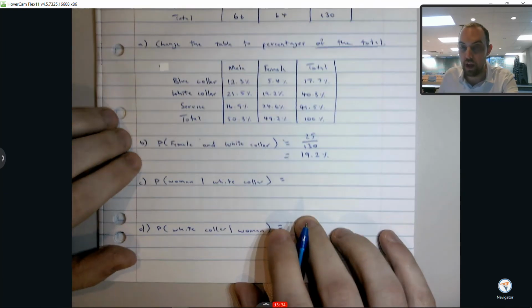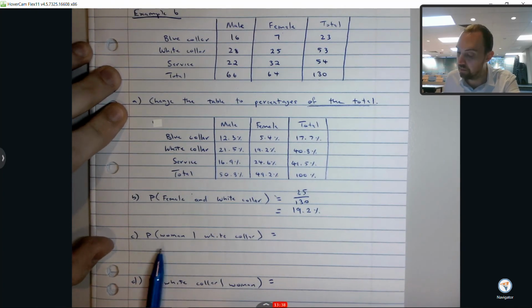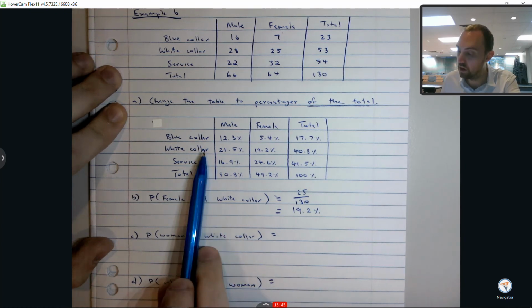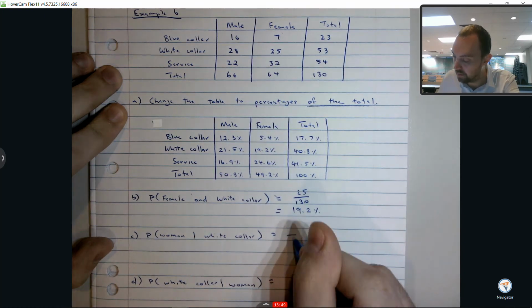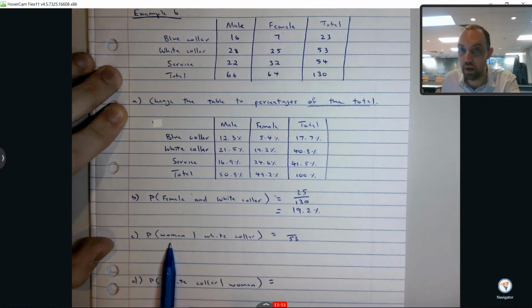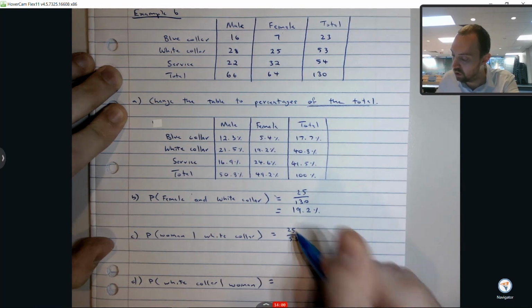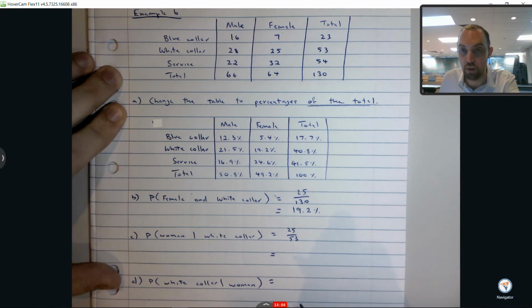But when we're given our condition here, I'll try to keep that table in frame. We've got our condition of being white collar, then this changes the total. So out of 53, how many of them are women? We've got 25 out of 53. And we could look at this with the percentages if we wanted to.